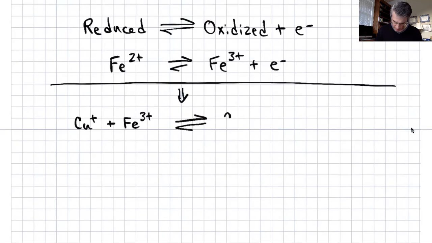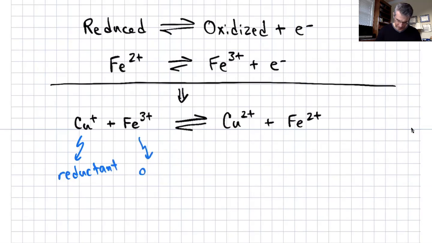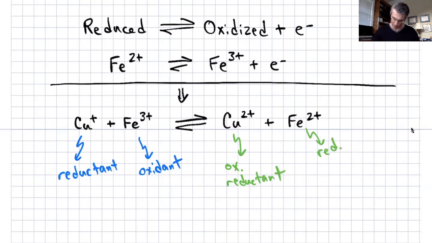So we would then make, as a result of that electron transfer, copper 2 plus iron 2, right? So this would be our, in redox parlance, our reductant, and the iron 3 would be our oxidant. And on the other side of the equation, we now have our oxidized reductant, and our oxidant has now been reduced. So we have a reduced oxidant, right?